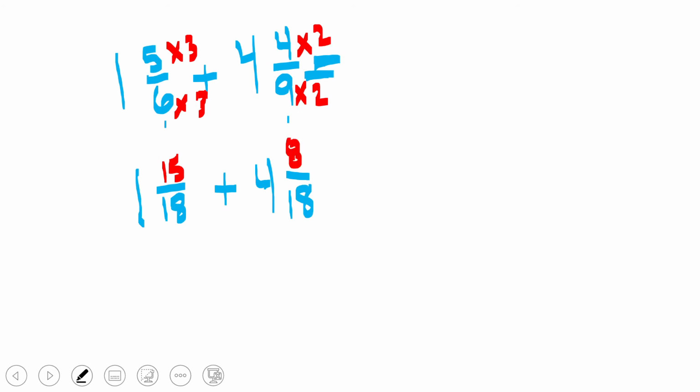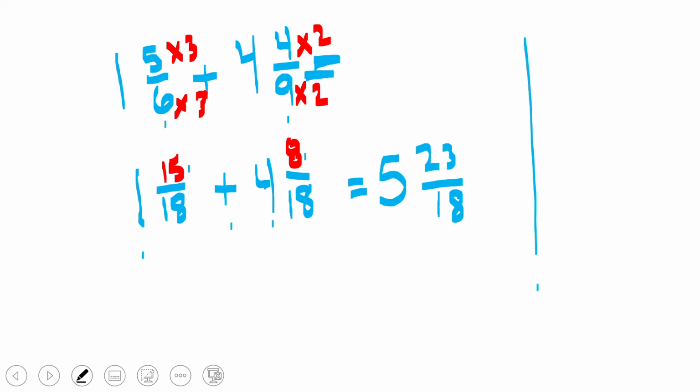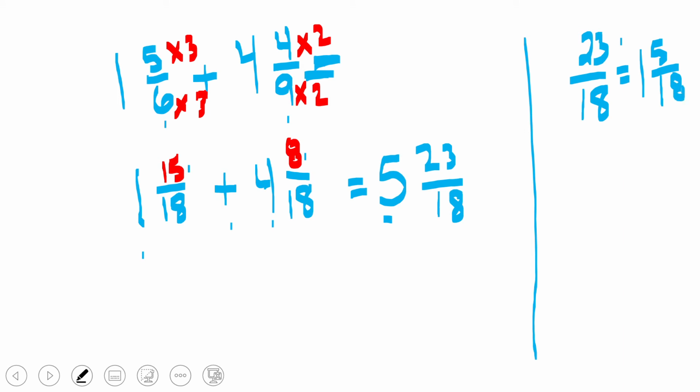Okay, going to be 1 plus 4, 15 plus 8, all over 18. Now working in the margin. 5 stays, but 23/18 is equal to 18 fits into 23 once, and we have 5 of the 18 left over.